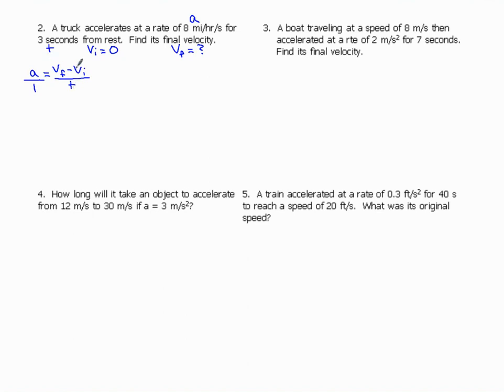So you would end up with VF minus VI equals AT. We want final velocity by itself, so we add initial velocity to both sides, and we end up with final velocity equals acceleration times the time plus VI.